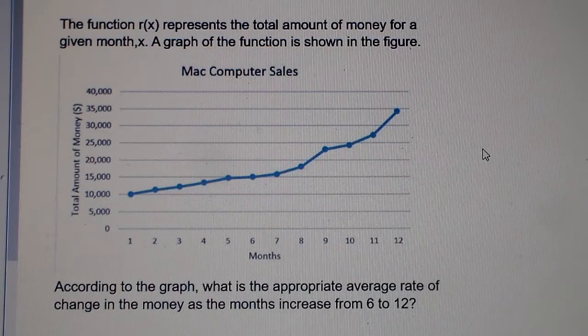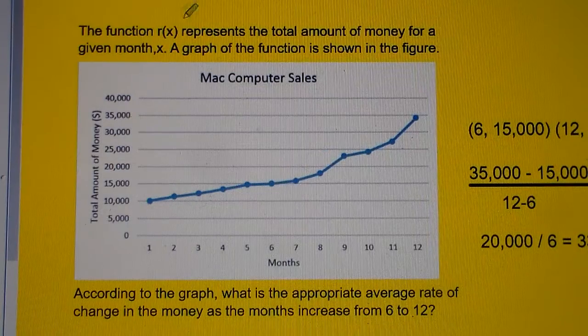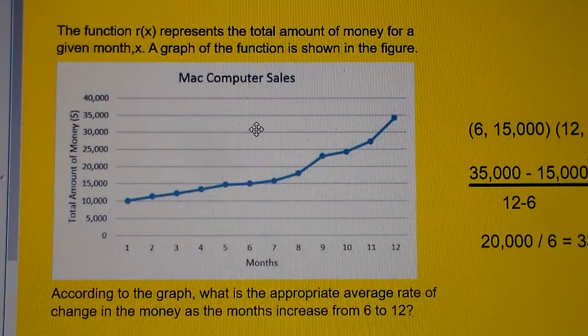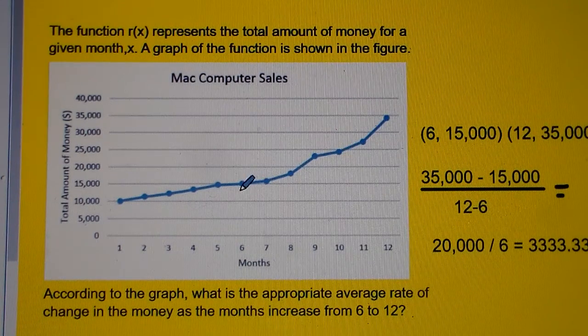Next, this is the amount of money for Mac computer sales. We're going from 6 to 12. So 6 right here, this dot to this dot. Those two coordinates. And we're going to find the slope between those two coordinates. So at 6, I said it was around 1500, right there on the line.